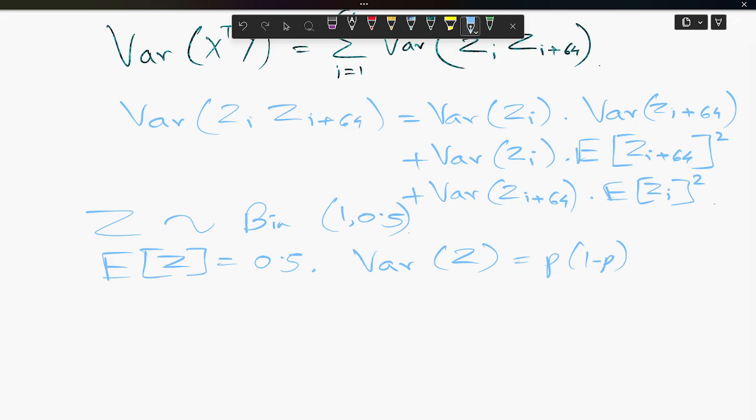So that is 0.5 into 1 minus 0.5, which is 0.5 squared, equal to 0.25.